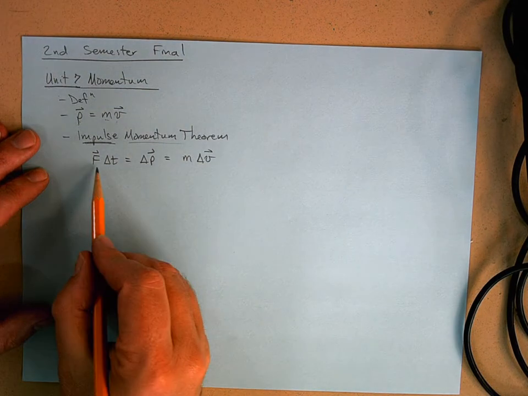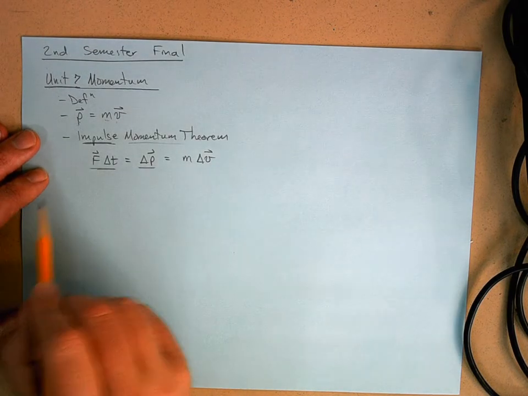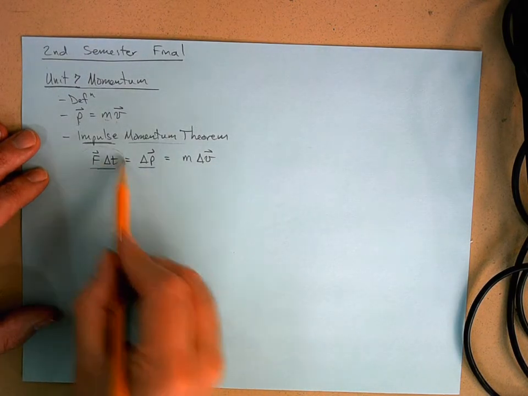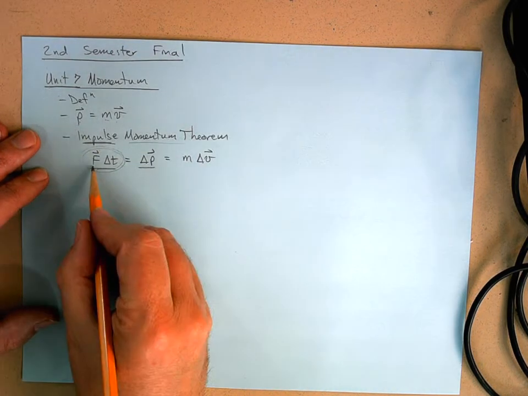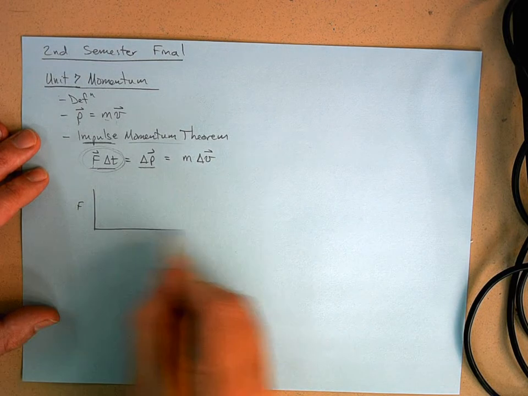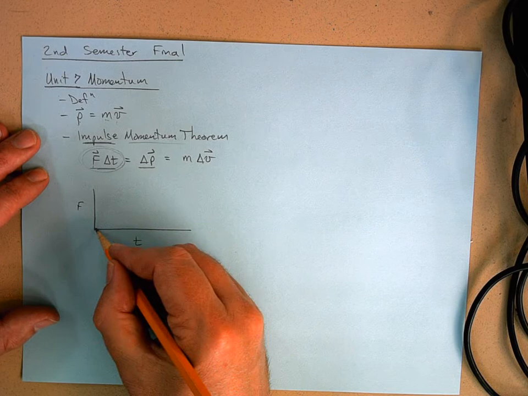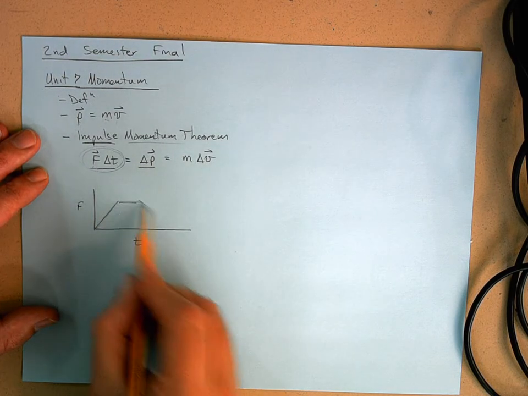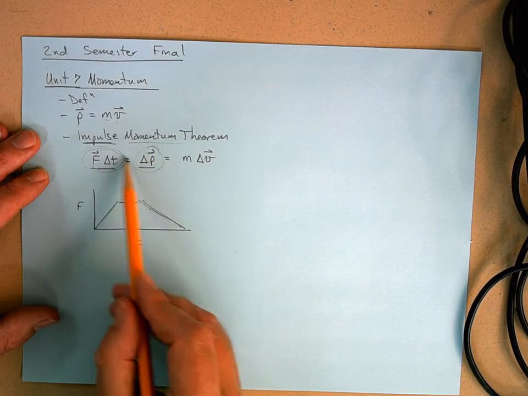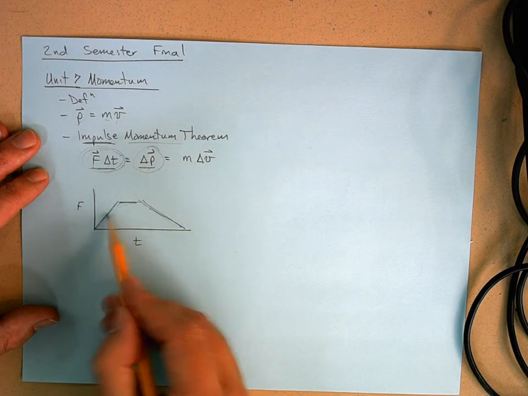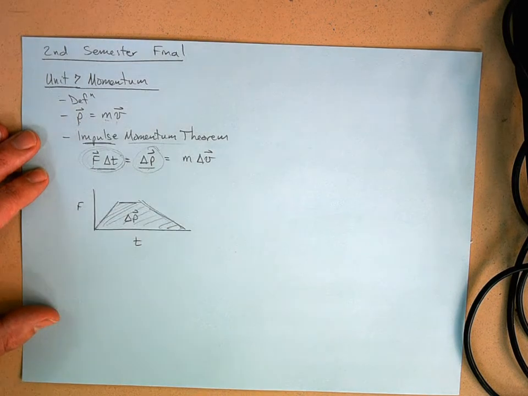Now, one of the things that you'll notice here is that this is a product: a quantity, change in momentum, is equal to the product of two other quantities. And one of the things that we said is that if we graph this quantity, force, as a function of this quantity, time, and let's say I give you a problem like this, and I'm not going to put any numbers on here, then the area underneath this graph is the change in momentum of the object.